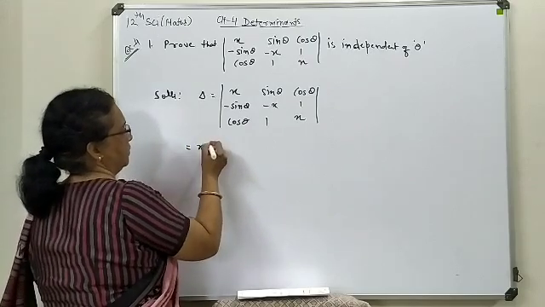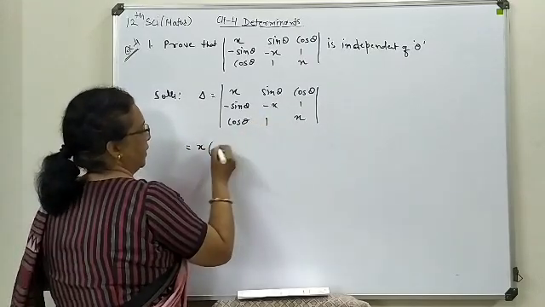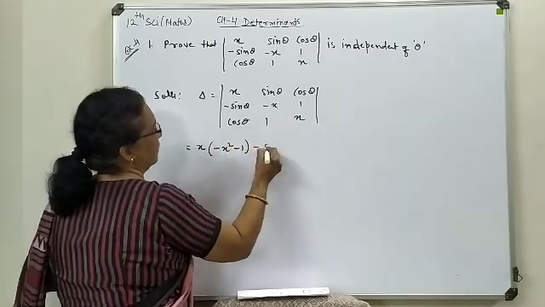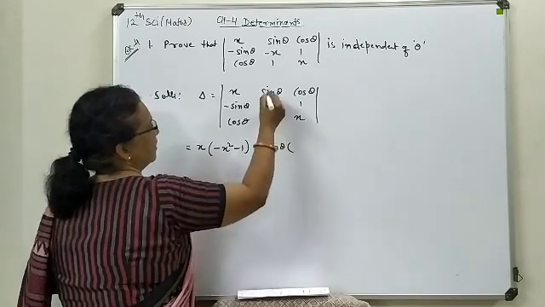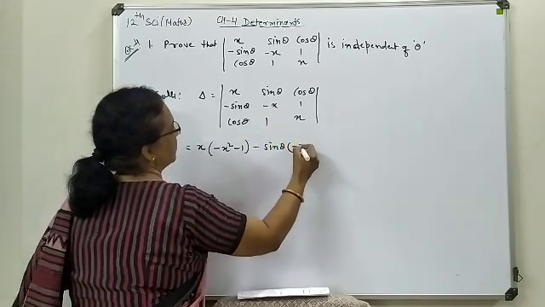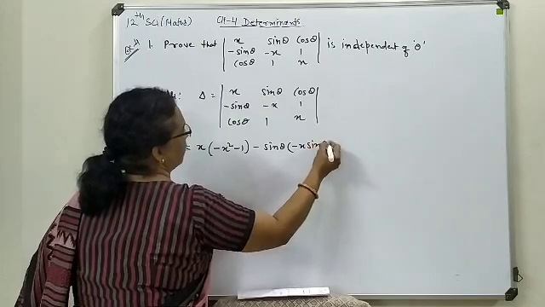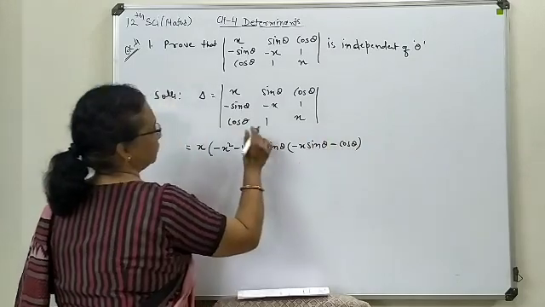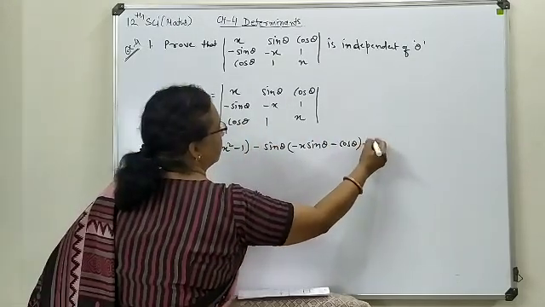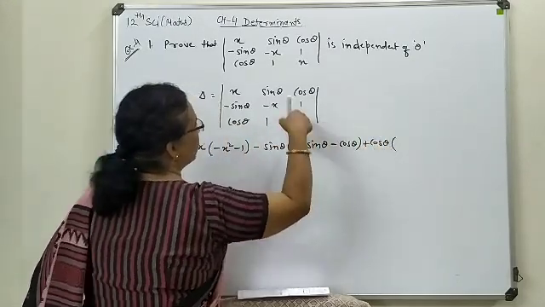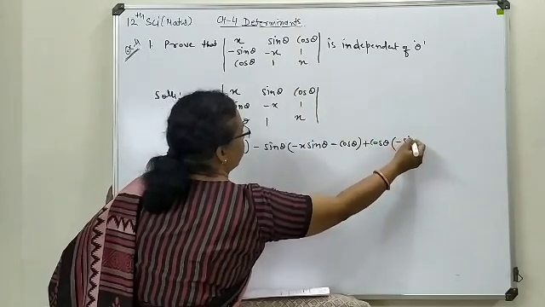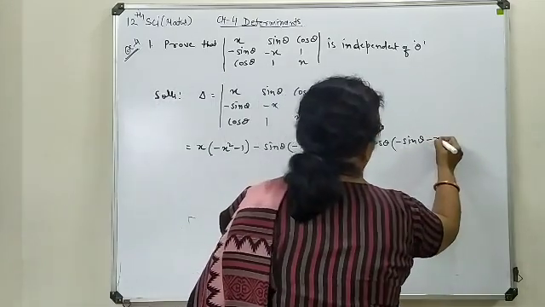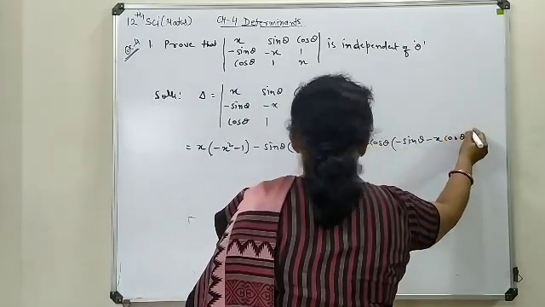It is x times (minus x and x minus x square minus 1 minus sine of theta). With respect to this element it will be minus x sine of theta and minus cos of theta. The last one is cos theta. With respect to cos theta it will be minus sine of theta and minus x cos of theta.